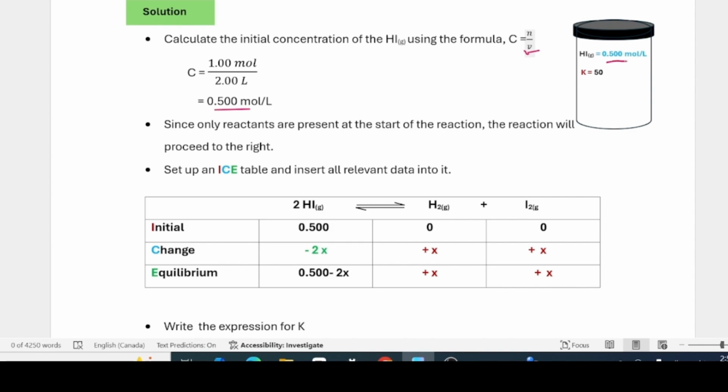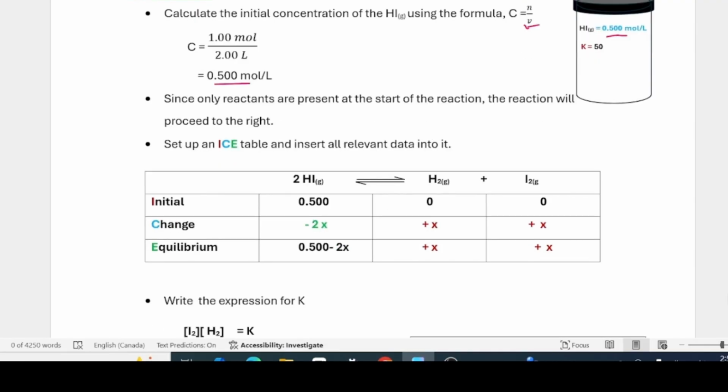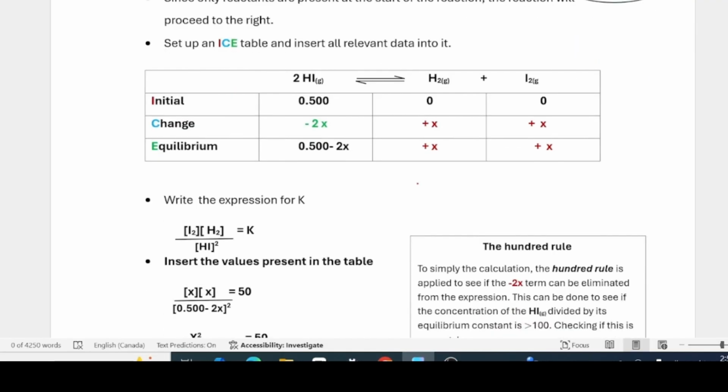Now we know you're starting with hydrogen iodide as the reactant. Definitely the reaction will go to the right. We remove concentration of the reactant and increase that for the product according to the stoichiometric coefficient. And we know what that is. So this will be the final concentrations of all the species at equilibrium.